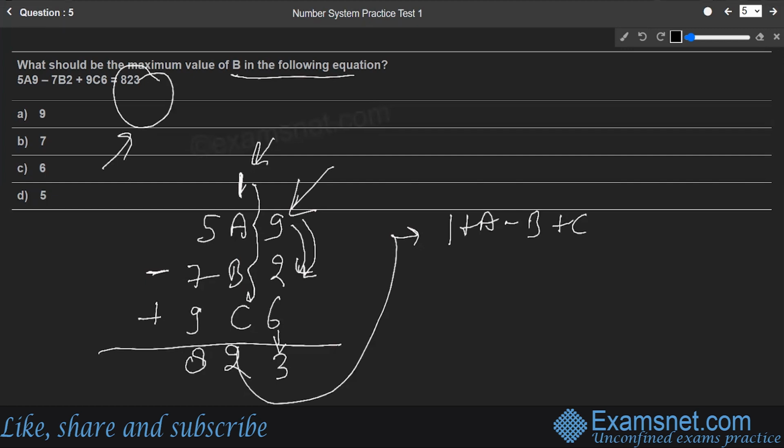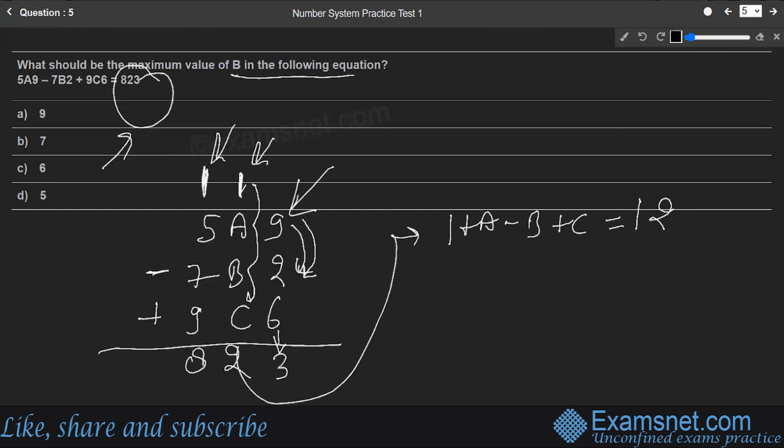So the value here should be something ending in 2. Since we are adding up all these numbers, this value has to be not just 2 but at least 12. So let us assume this to be 12. Now again a carry of 1 will be generated from the tens place.